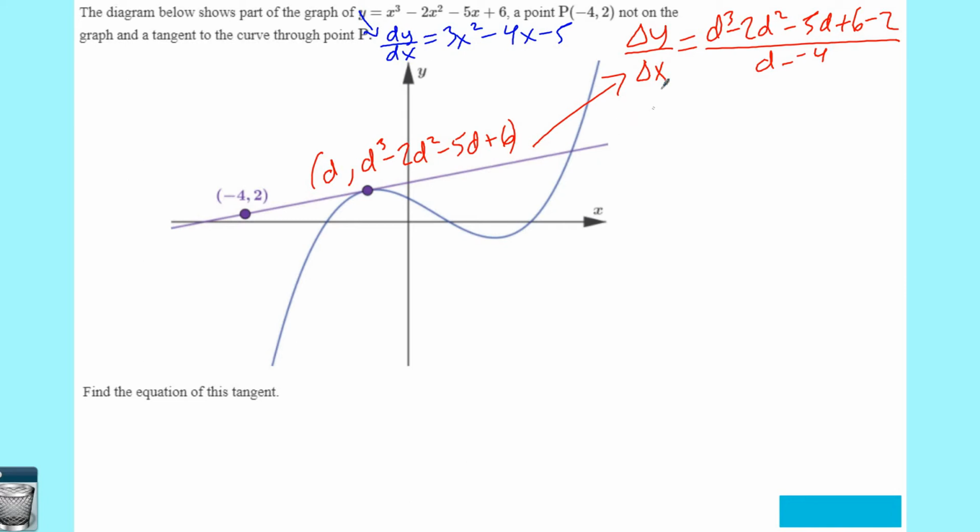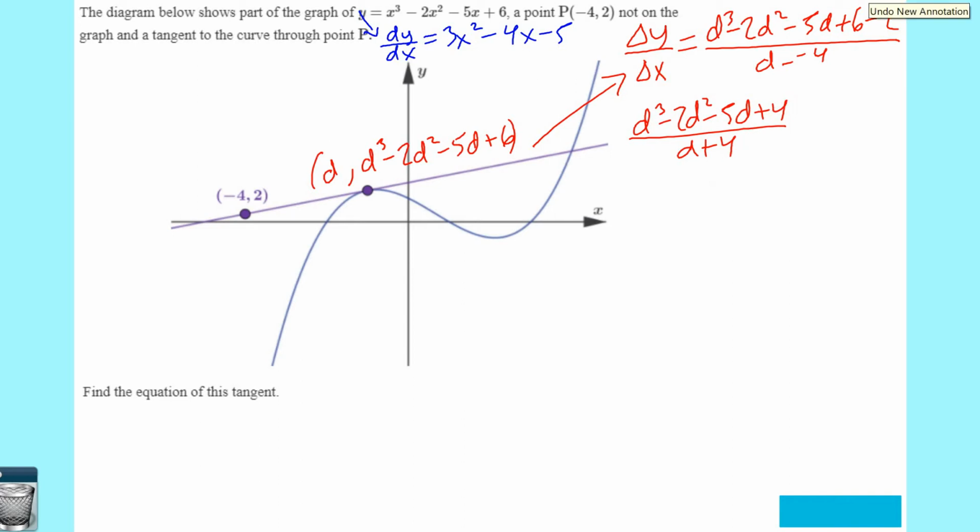Another way of getting that change of y over change of x, so we end up with d cubed minus 2d squared minus 5d plus 4 all over d plus 4. Do not do that. You cannot do that. That is a bad rule. You cannot do simplifying with adding and subtracting. Okay? Do not do that.